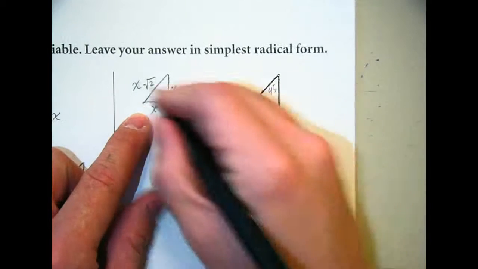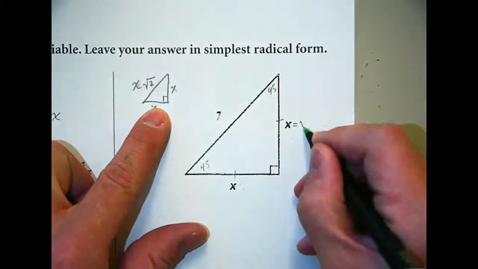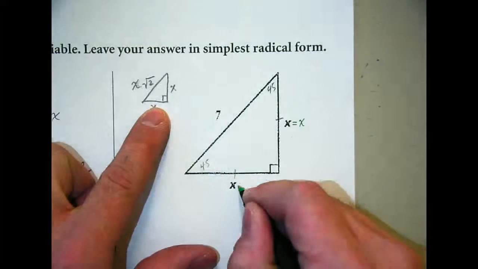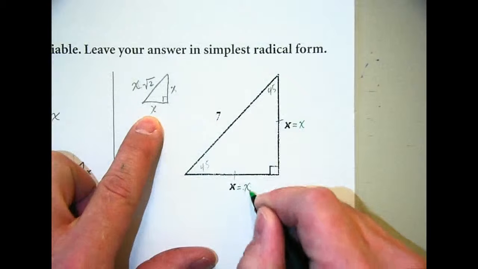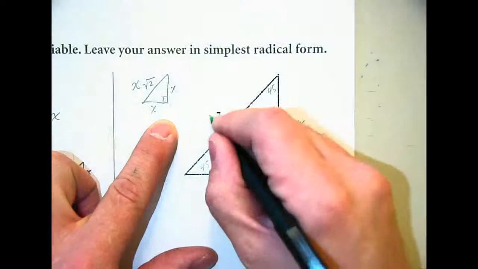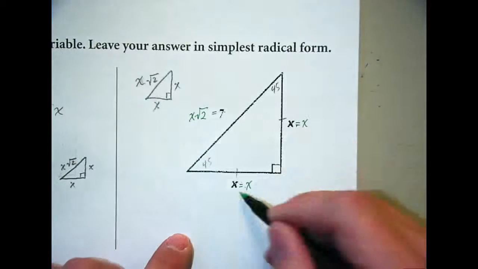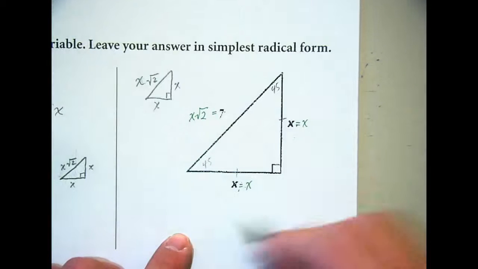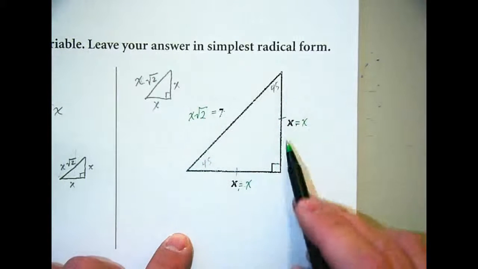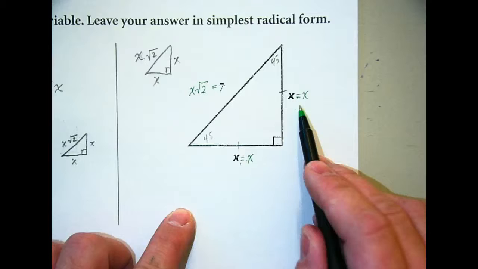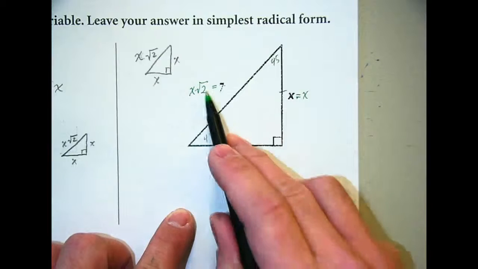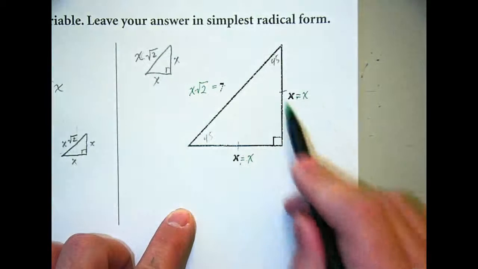Okay? And so when you're dealing with a 45, 45, 90, if you just look at the general form, this side is x. This side is x. This side is x root 2. Now what you're looking for is you've come up with 3 different equations there. Everyone see them? Here's an equation, here's an equation, and here's an equation. Can I solve this?